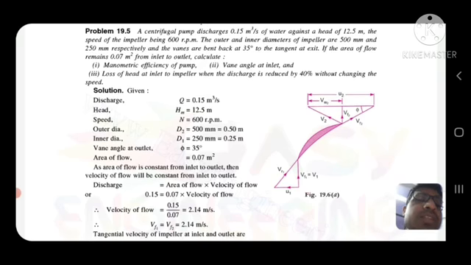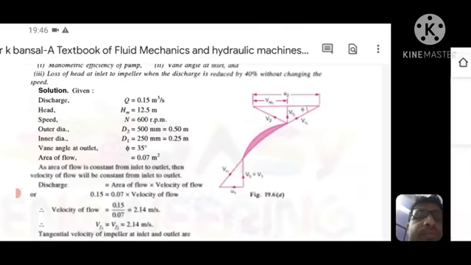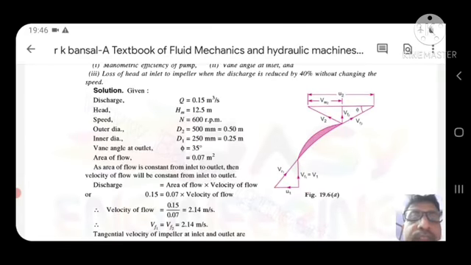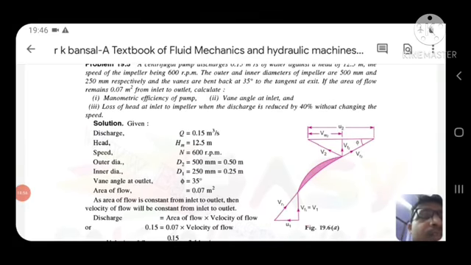A centrifugal pump discharges 0.15 meter cube per second of water against a head of 12.5 meter. The speed of the impeller is 600 rpm. The outer and inner diameter of the impeller is 500 millimeter and 250 millimeter respectively, and the vanes are bent at 35 degree angle.